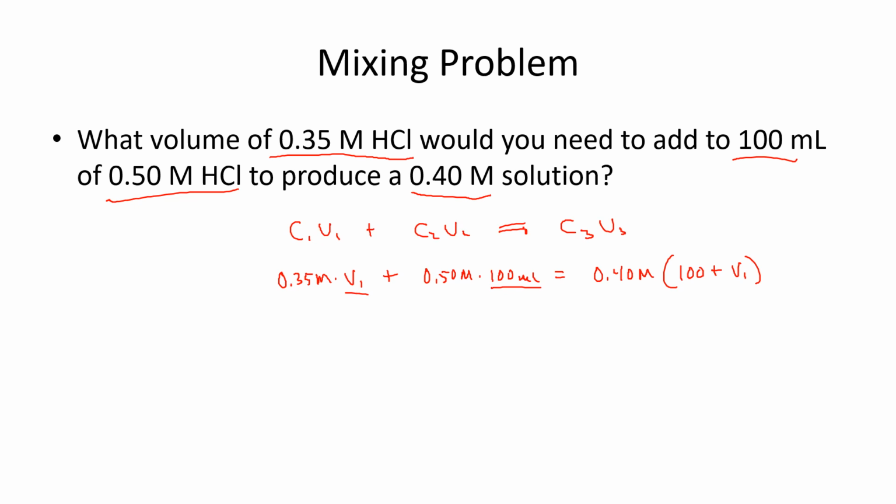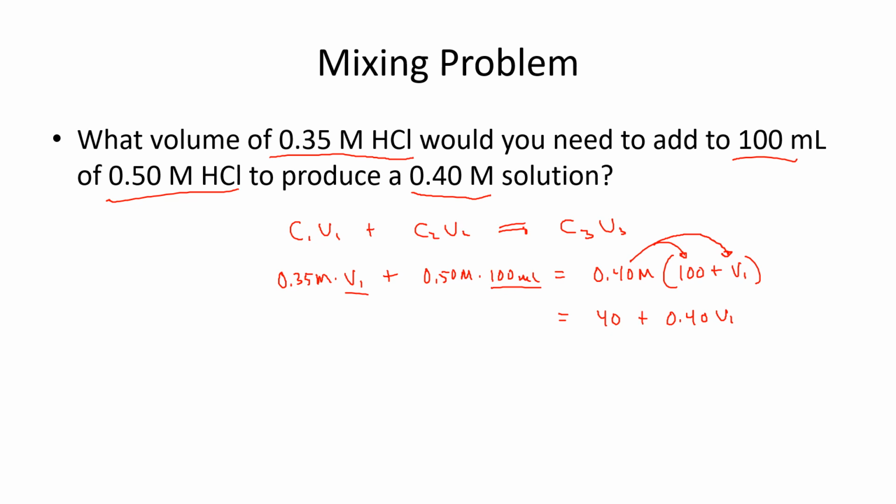So this is just a little bit of algebra here now, right? What you'll need to do is expand this out because the 0.4 is going to multiply both of those. So 0.4 times 100 is 40, and then it's 0.40 V1.